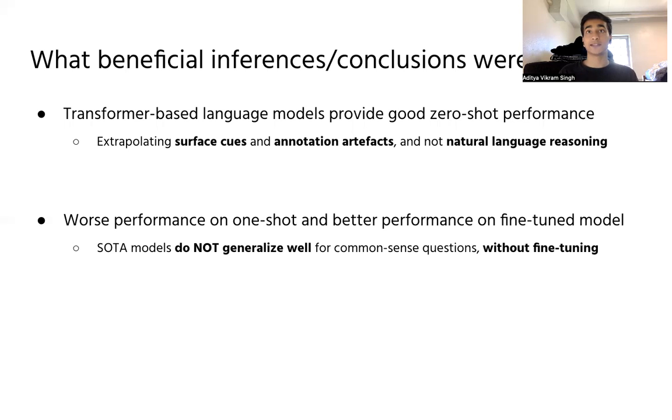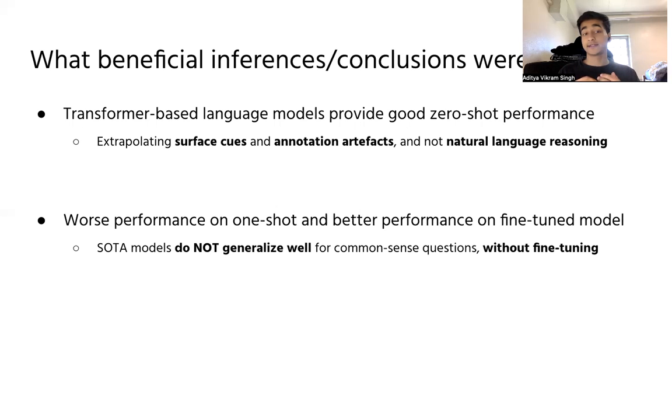These surface cues could be something like if I ask, what are the top 10 things people do when they wake up? And a sentence somewhere in the corpora says that one of the things that people do is brush their teeth. Over here, we could be using natural language reasoning, but instead it's actually just using it as a surface cue, saying that, okay, this is a sentence, so this might just fit in.